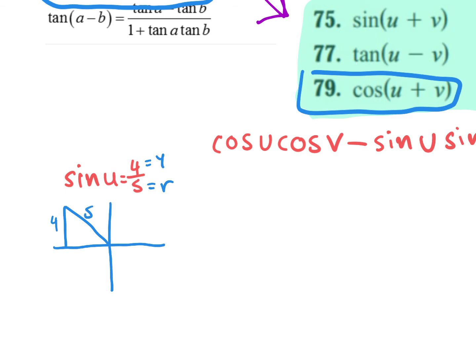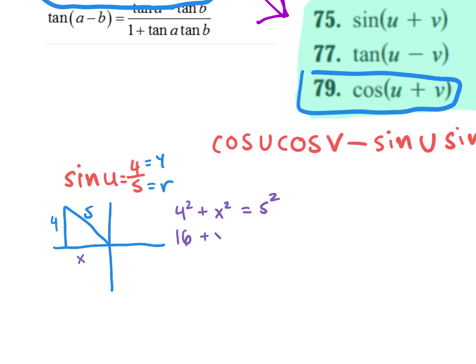So how would I find the x? Pythagorean theorem. So I have 4 squared plus x squared equals r squared, which r is 5, so 5 squared. Wasn't there another formula where r is equal to the square root of x squared plus y squared?